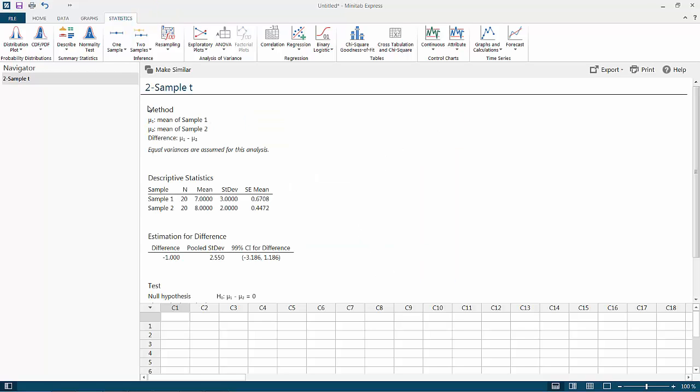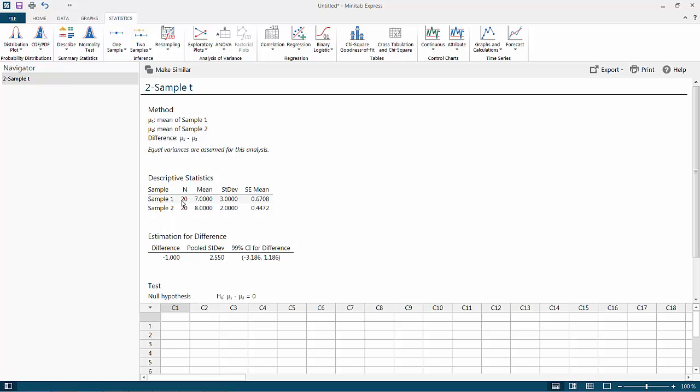I got this result. So mu1 is the mean of sample 1, mu2 is the mean of sample 2, the difference is mu1 minus mu2, and we assume equal variances. So this is the descriptive statistics for each of the samples.